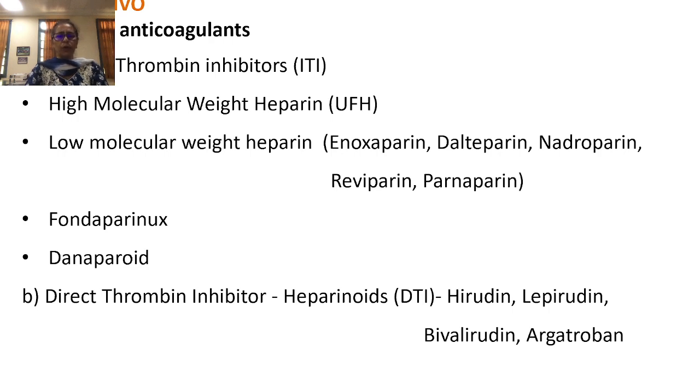We have low molecular weight heparins, which are enoxaparin, dalteparin, nadroparin, reviparin, parnaparin. Then we have fondaparinux, danaparoid. The direct thrombin inhibitors include heparinoids, hirudin, lepirudin, bivalirudin, and argatroban.